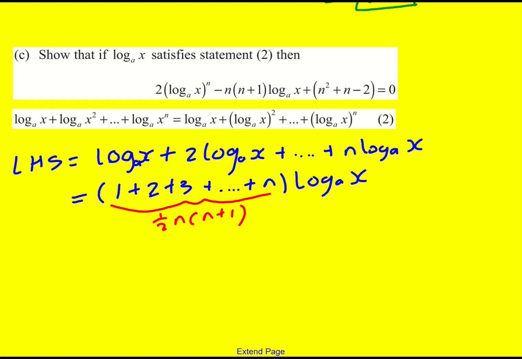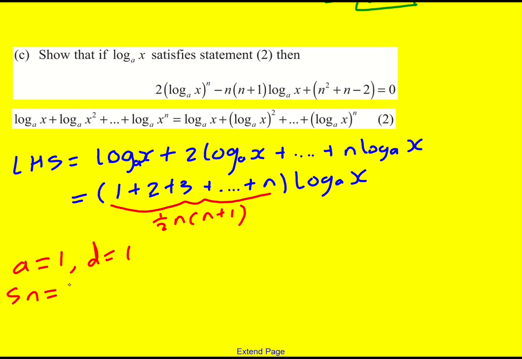There's a story about Gauss, who managed to do this incredibly quickly when he was a school child and figured out the formula. Lots of interesting things regarding this formula. If you don't recognize it, then you can, of course, just use the ideas of arithmetic series. So a is 1 and d is 1.